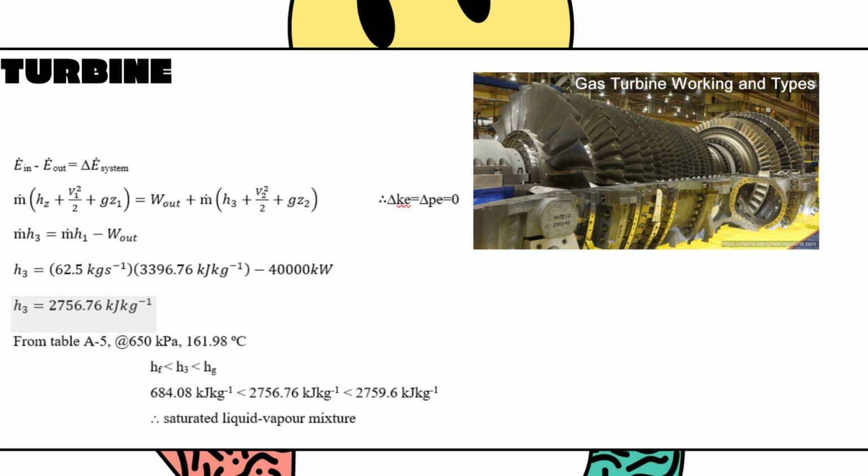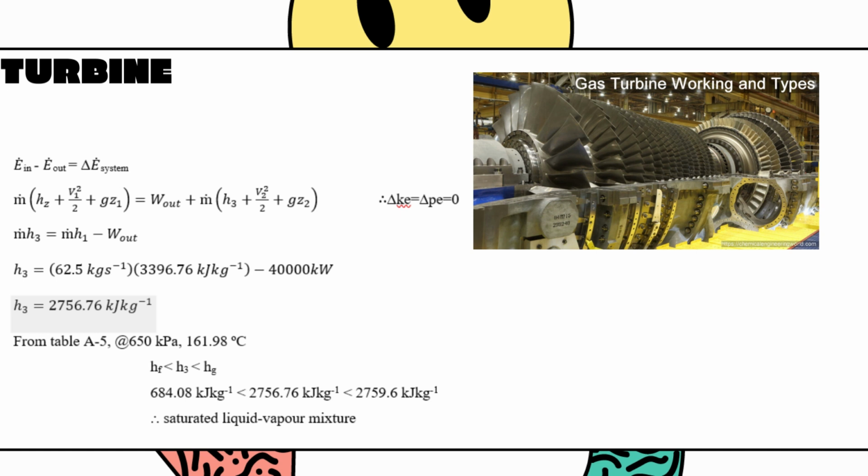So after we substitute the value in, H3 is equal to 62.5 kilograms per second multiplied by 3,396.76 kilojoules per kilogram minus 40,000 kilowatts, and then H3 is equal to 2,756.76 kilojoules per kilogram.